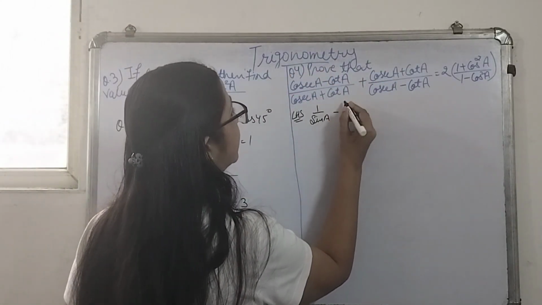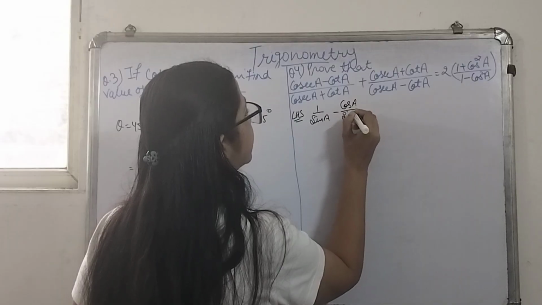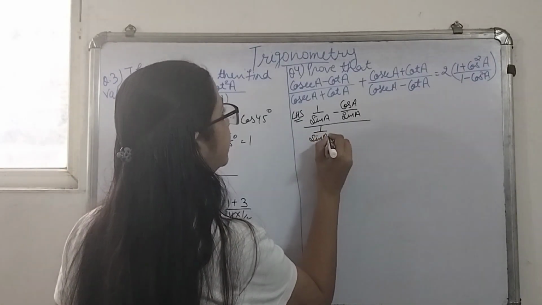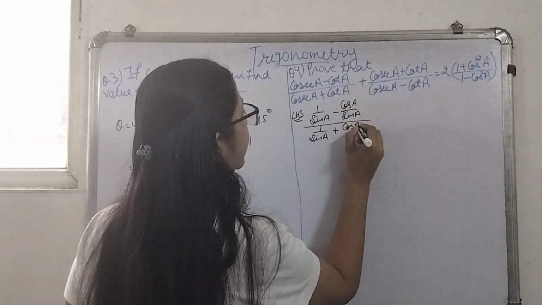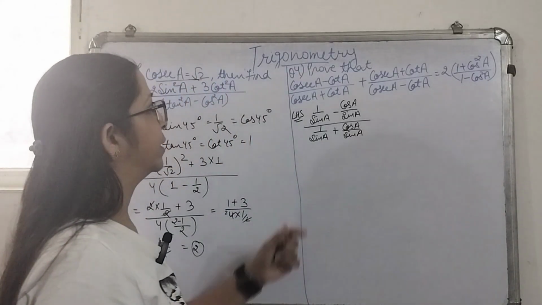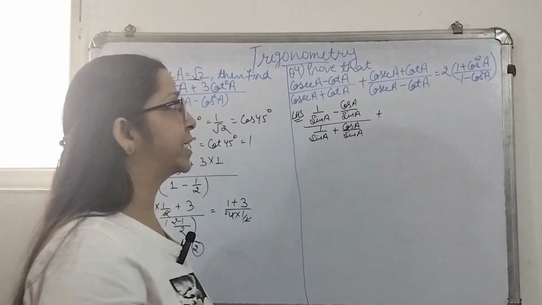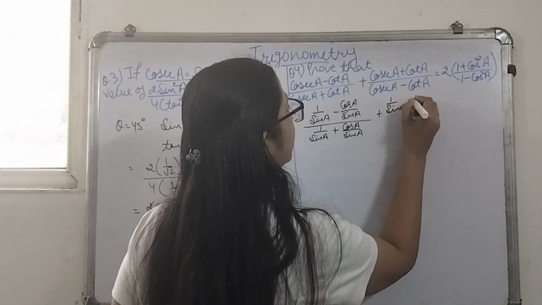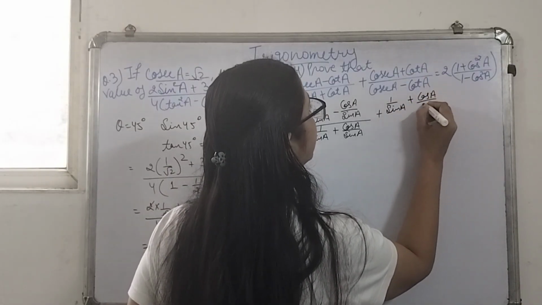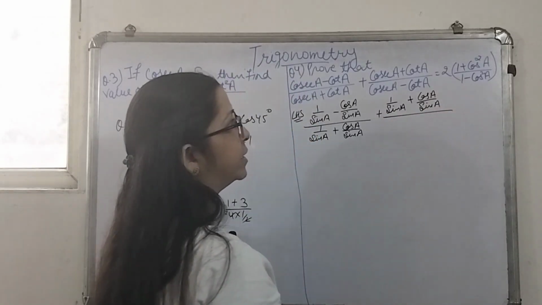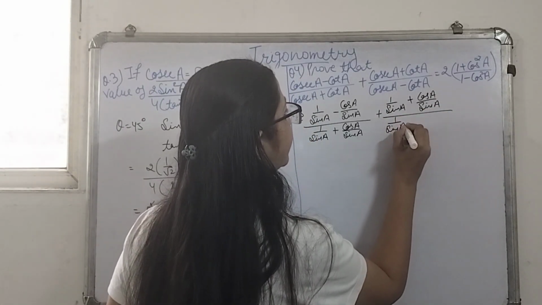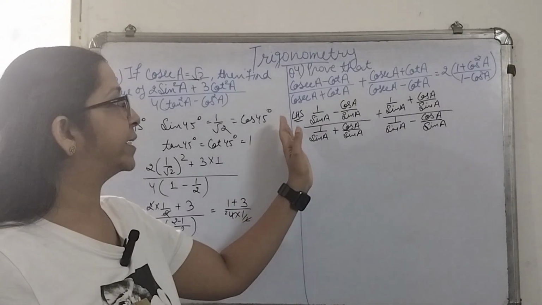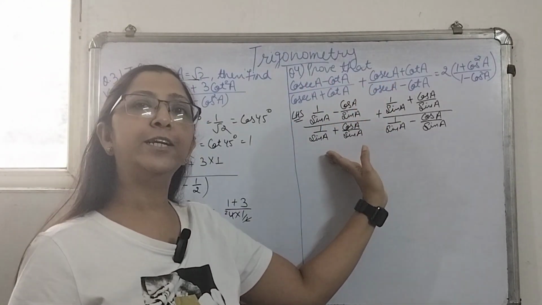Now again here, cosec A will be written as 1 upon sine A, and cot A as cos A upon sine A. In the denominator we do the same: 1 upon sine A minus cos A upon sine A. Now we will take the LCM in the numerator and in the denominator.